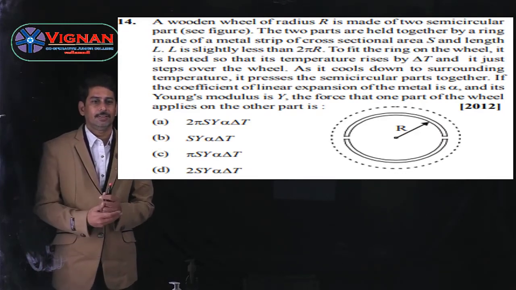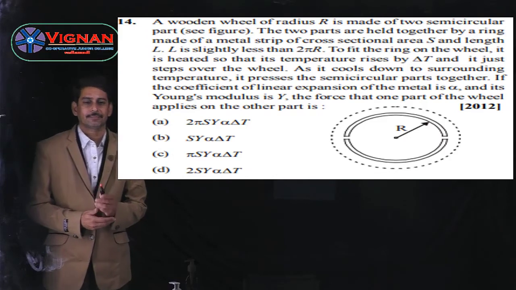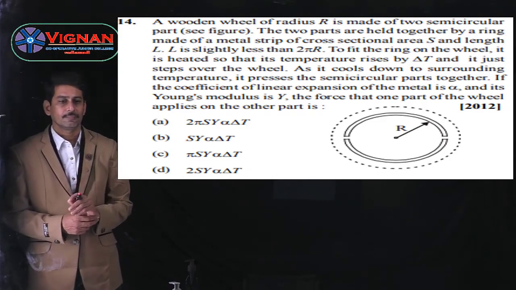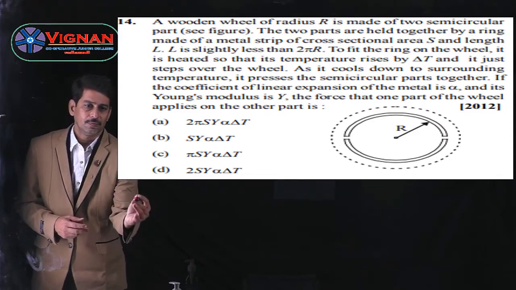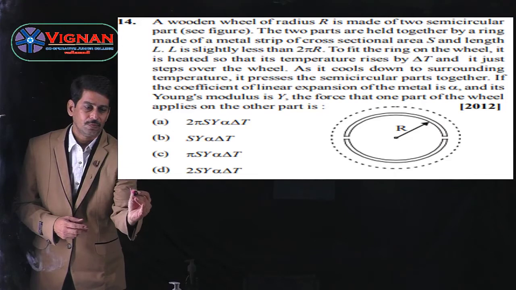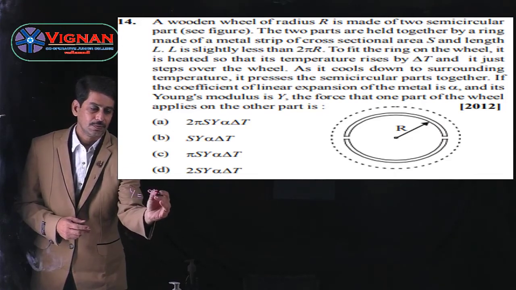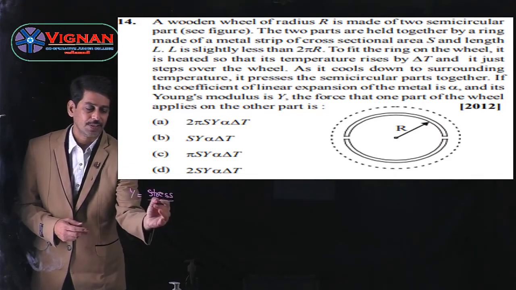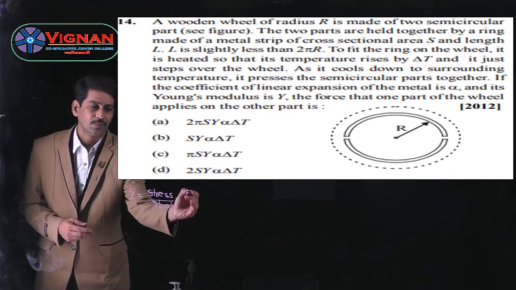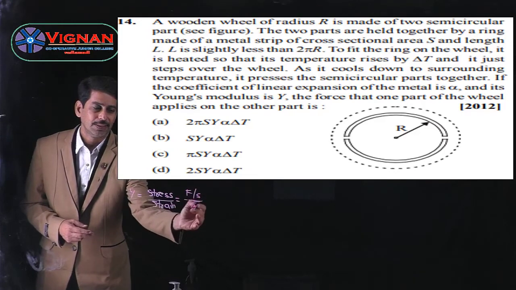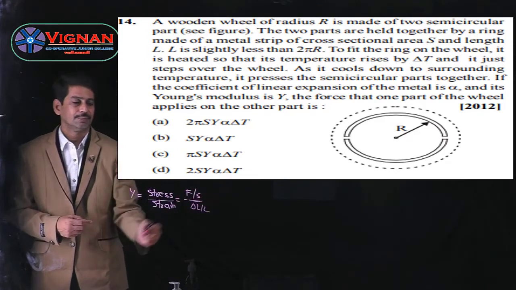So here the area is given as S. And we know Y is equal to stress by strain. Stress is nothing but force by area, so force by area is F/S, and delta L by L is the strain.